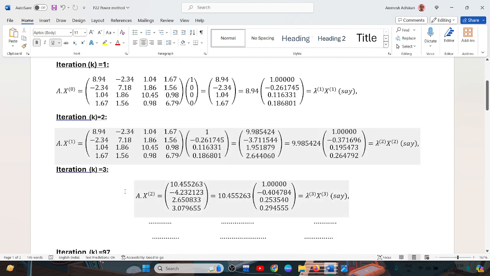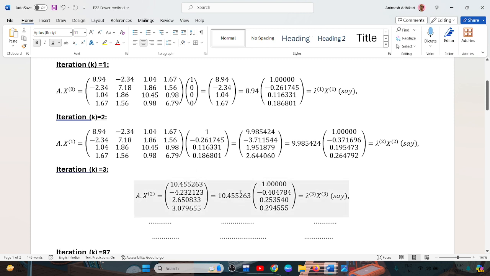In this way, next iteration k equal to 3, A into x2, where A is the given matrix and x2 is this column vector. Multiply A into x2, we get this, and find the numerically largest element, 10.44, and divide each element of this column matrix by 10.44, and so on.